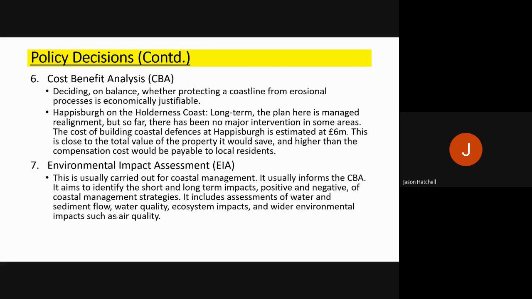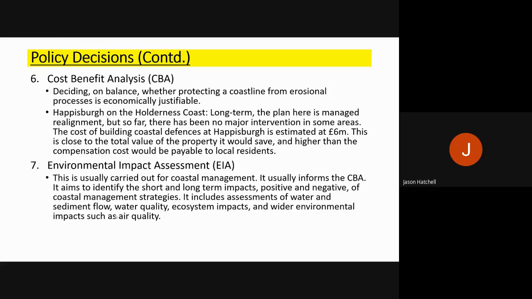So Haysborough on the Holderness coast, long term the plan here is managed realignment, but so far there's not really been any of that. So far it has literally been no intervention. We need around £6 million to manage the Haysborough coastline. This is very, very expensive, but it would protect the value of the property behind it.